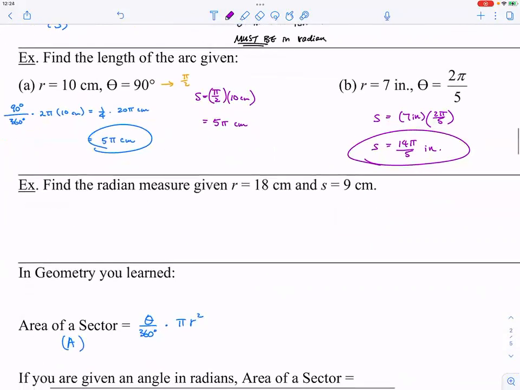Now for the next example, we have r and S. That means you can find out the theta in radians. Now this is pretty straightforward.